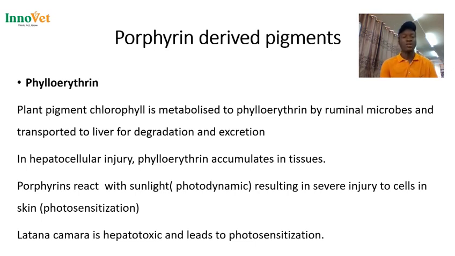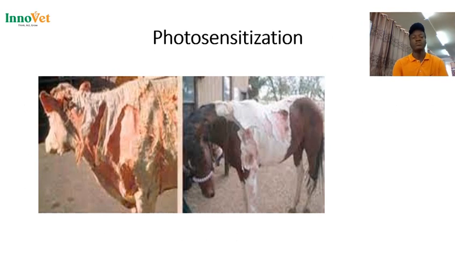The best plant that has most of these hepatotoxic pigments is the Lantana camara. So it is the major one that can cause photosensitization, as you see in the picture here. This is a horse, and majorly it affects those spaces which are white in color because they have little or no melanin. So that's why it is easier for them.